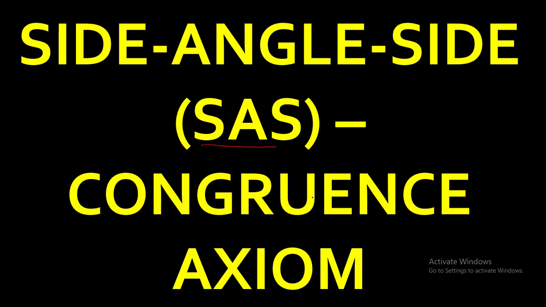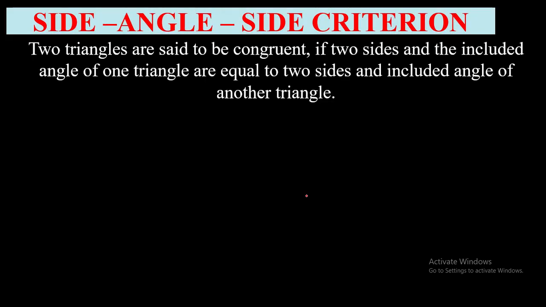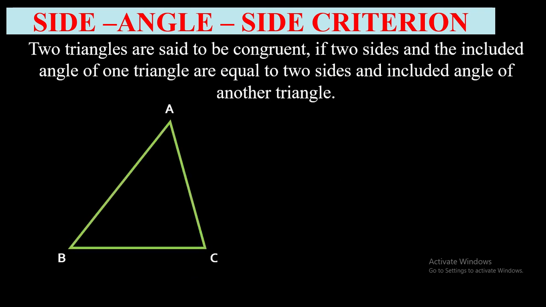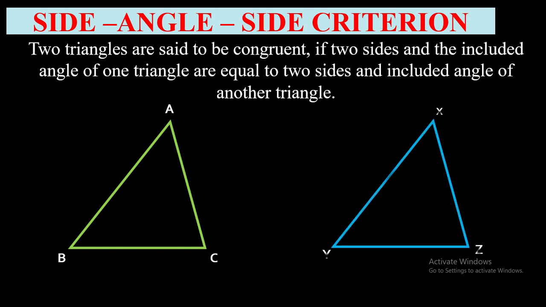And the name is side angle side, or in short, SAS. And it says two triangles are said to be congruent if two sides and the included angle of one triangle are equal to two sides and the included angle of another triangle. Just like we are having here two triangles ABC and XYZ, it says the two triangles will be congruent if two sides and the included angle are equal.